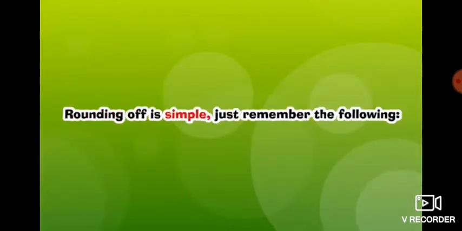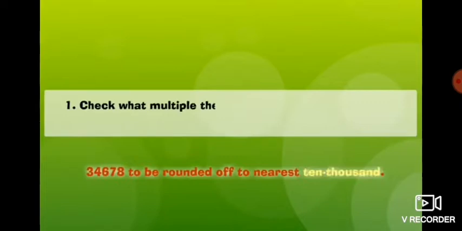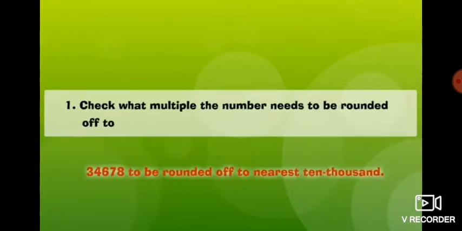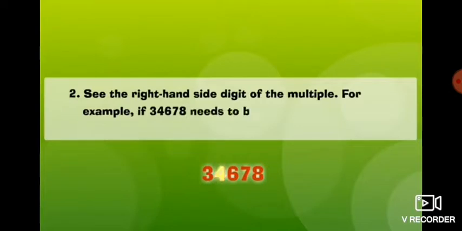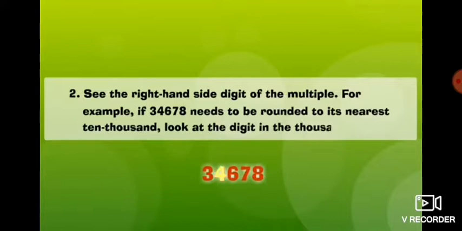Rounding off is simple. Just remember the following. Check what multiple the number needs to be rounded off to: tens, hundreds, thousands, 10,000s, etc. See the right-hand side digit of the multiple. For example, if 34,678 needs to be rounded off to its nearest 10,000, look at the digit in the thousands place.